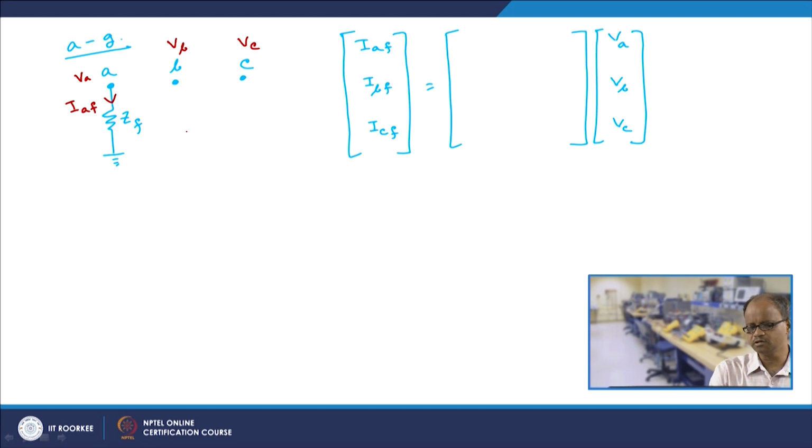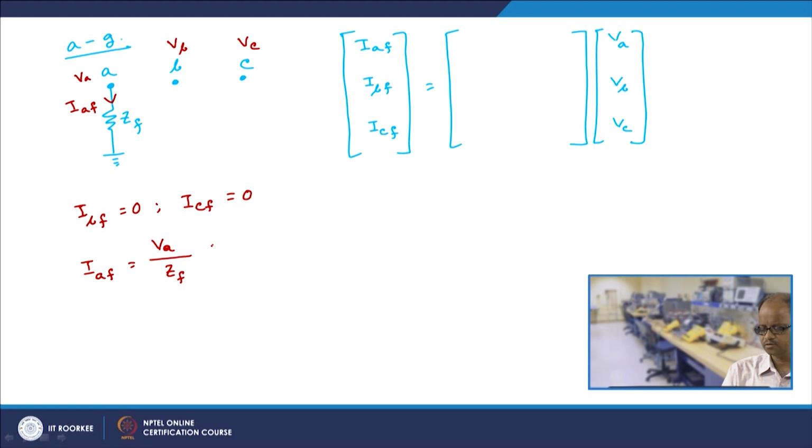And here, of course, there is no fault, so we can say that IBF is equal to 0 and ICF is equal to 0. Because it is an AG fault, IAF is equal to VA by ZF. So it is YF into VA, where YF is equal to 1 by ZF.